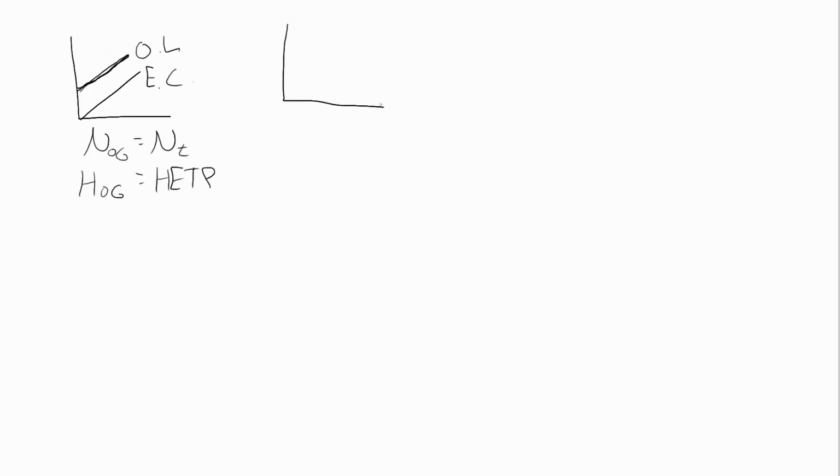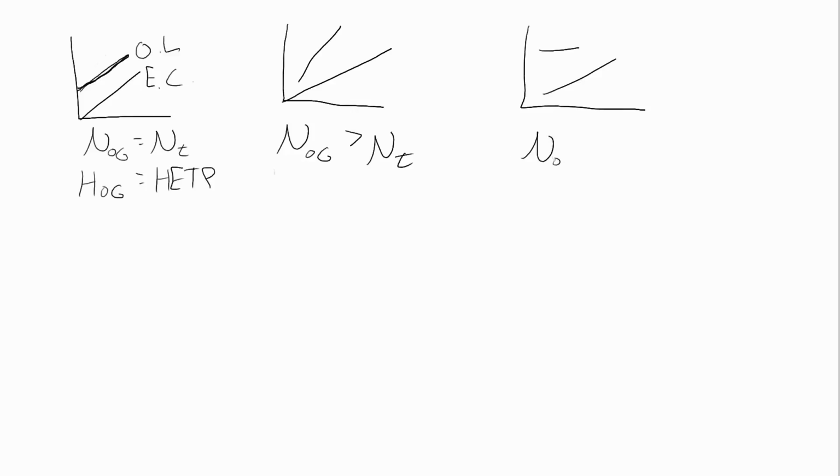In the case where the slope of the operating line is greater than the slope of the equilibrium curve, we have NOG greater than the number of theoretical plates. And in the case where the operating line has a lower slope than the equilibrium curve, we have NOG smaller than NT.